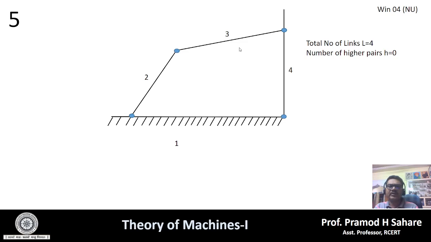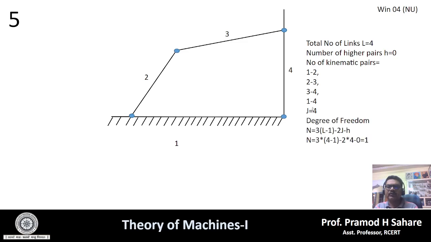Number of kinematic pairs will be 1 to 2, then 2 to 3, then 3 to 4, then 1 to 4, so total 4 kinematic pairs. Then to find degrees of freedom, after applying the formula and putting all these values, we will get 1. So it is having one relative motion.